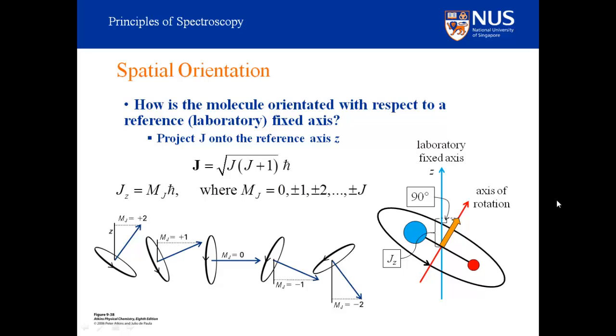This m sub j quantum number is also quantized because of a boundary condition that must be satisfied, and it is exactly the same type of boundary condition that leads to the m sub L quantum numbers in atomic orbitals. The reason why we've got 2 quantum numbers in this problem, that is the j quantum number and the mj quantum number, is that in order to define the position of a particle in a sphere, which is the model that we're using here, we need 2 coordinates, theta and phi, the latitude and longitude.